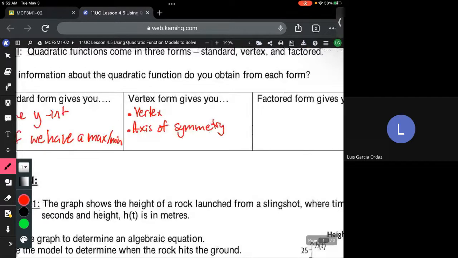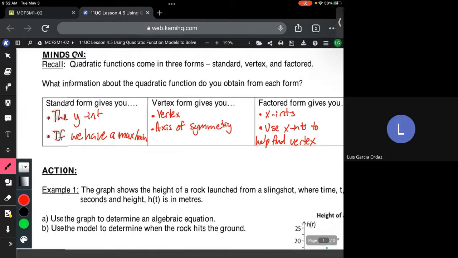X-intercepts. And we can use the x-intercepts to help us find our vertex as well. So that is what each of them does.